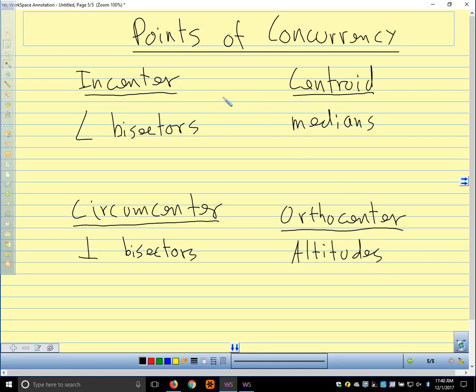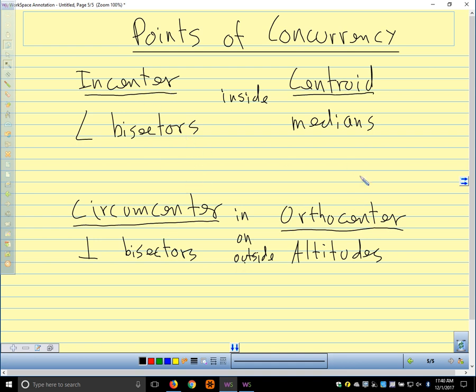The in-center and the centroid are always inside. And the circumcenter and the orthocenter could be in, on, or outside, for acute triangles, right triangles, and obtuse triangles. Some people come up with mnemonics to help them remember which ones give which things.